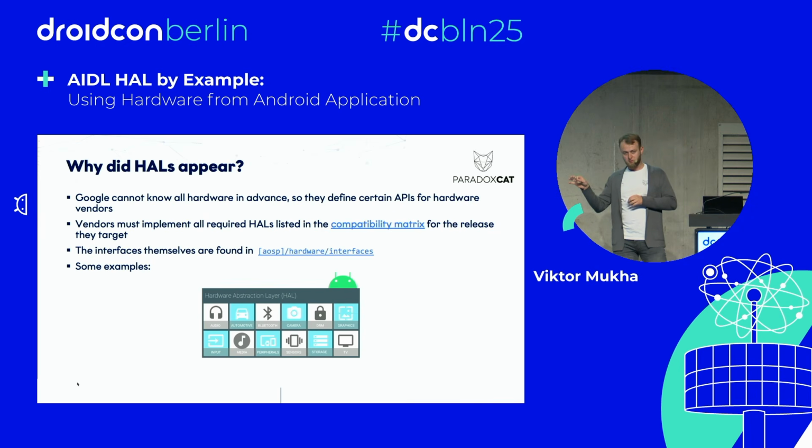Some of them can be required, some of them can be optional. So basically what vendors do, they go to these hardware interfaces, find the version which they need to implement, which is all specified in this compatibility matrix, and they implement it. These are some examples of the HALs, a very old picture. Sorry for that.